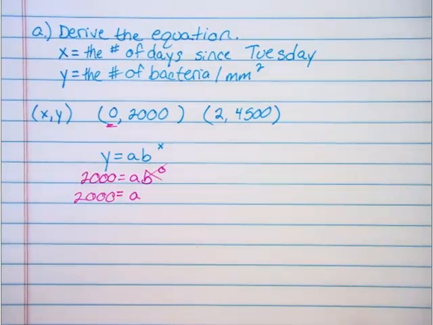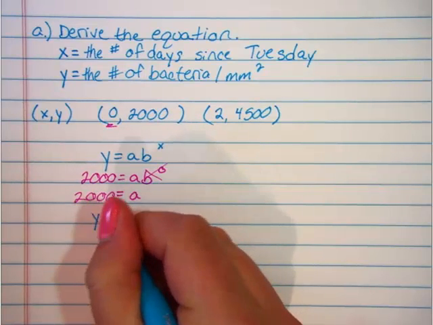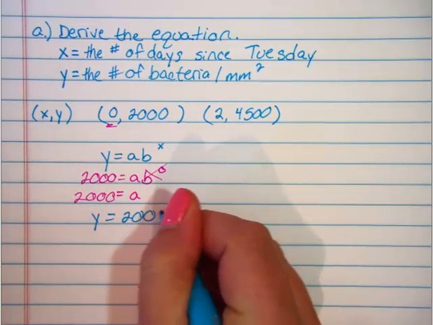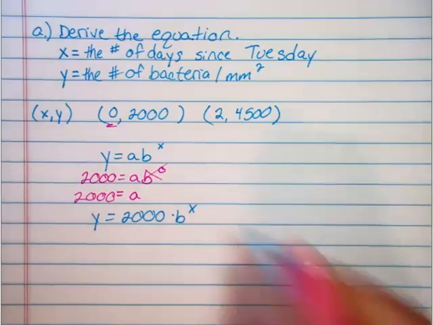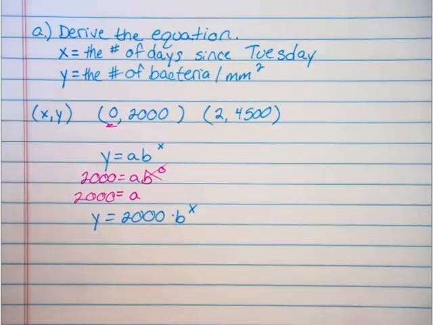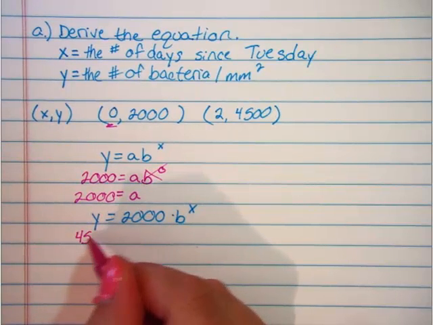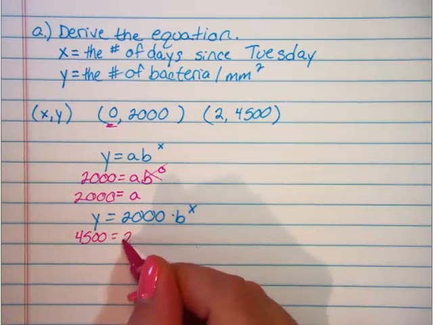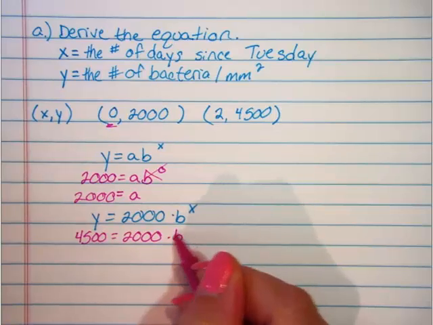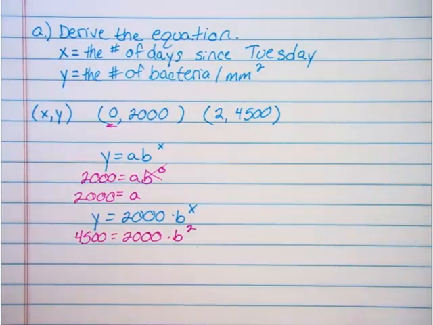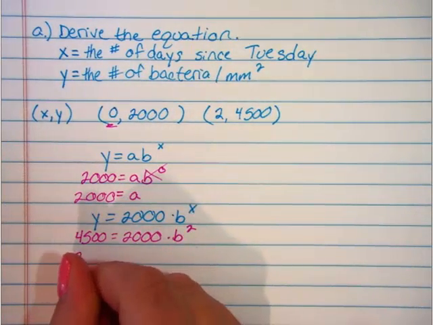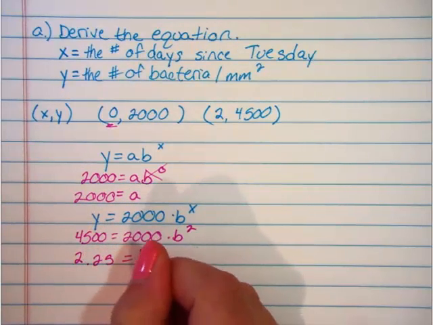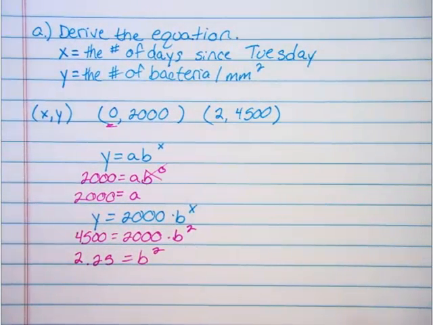Because a is 2,000, I can now plug that back in, and I can write my equation, y equals 2,000 times b to the x. Now I plug in my other coordinate point to solve for my b value. So 4,500 is the y, equals 2,000 times b squared. Divide both sides by 2,000, so 2.25 equals b squared. Now, you got to get rid of that exponent.